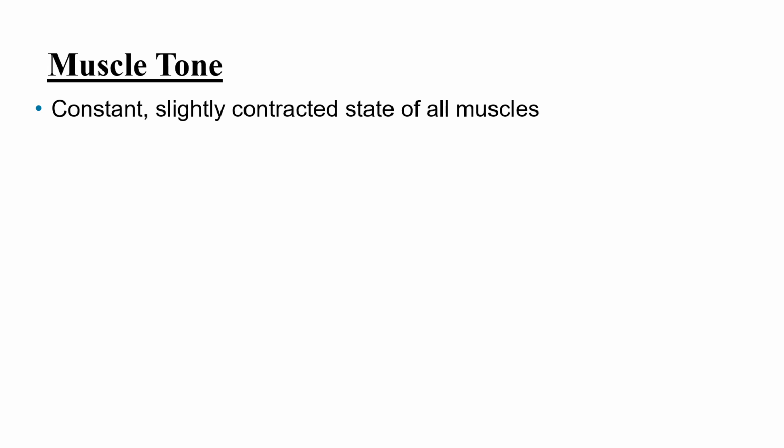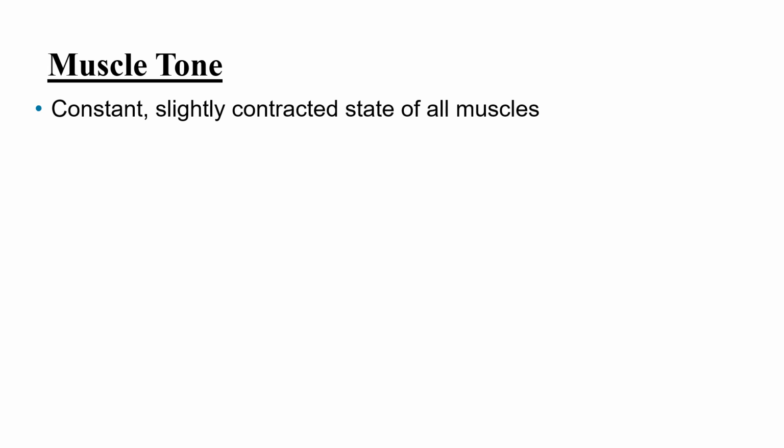How frequently they pop off leads to increased or decreased rigidity within the muscle. So if you have good muscle tone, the fibers are slightly contracting on a relatively frequent basis. And that leads to a greater rigidity in the muscle, if you will.